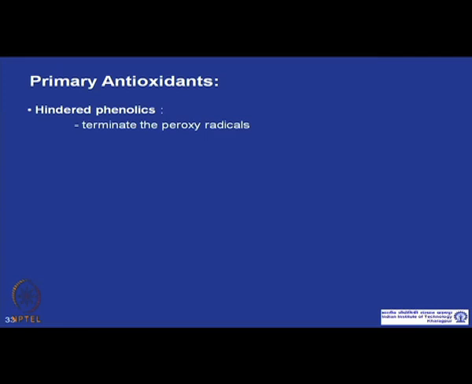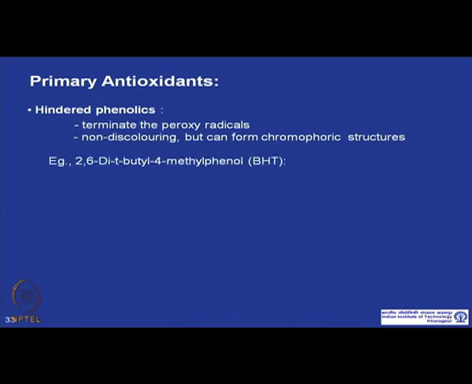They basically terminate the peroxy radicals, and they themselves are not discoloring, but they can form chromophoric structures after they do this peroxy radical trapping. One very common example is BHT, butyl hydroxytoluene. The structure is shown here.